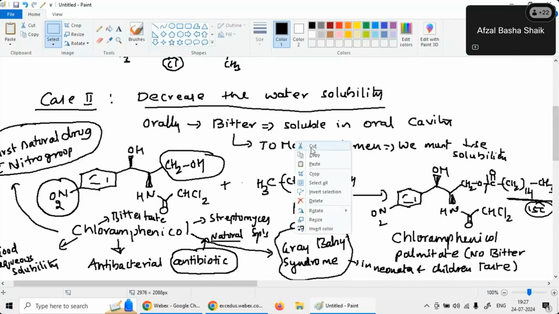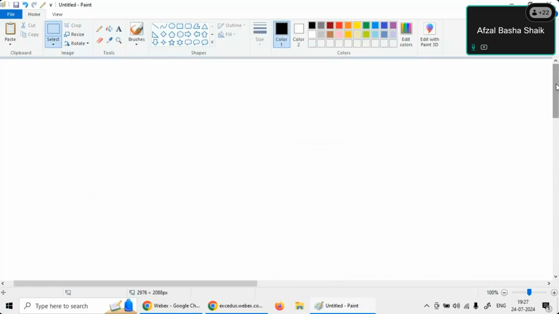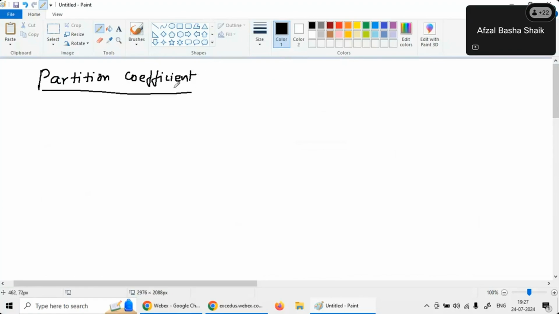So, next important, these are some of the applications of solubility. Next, coming to the other important physicochemical property, that is partition coefficient.